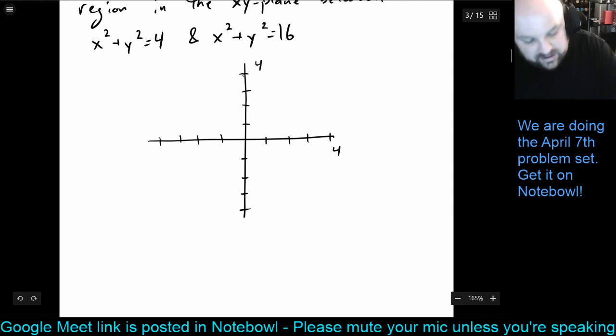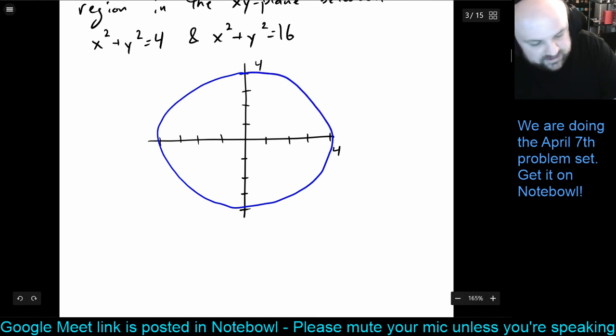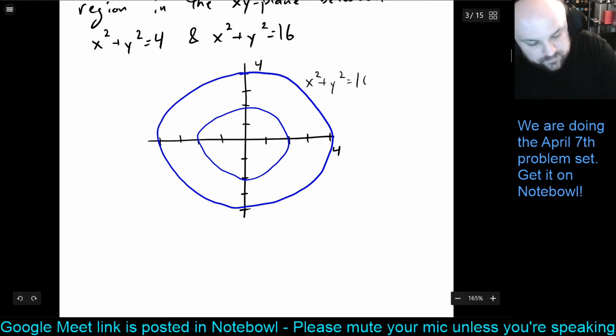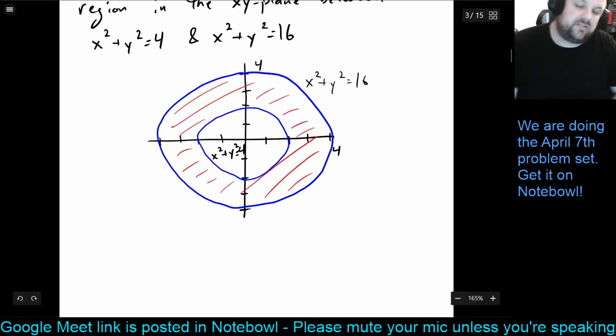So what we're really looking at here is that region. Let's try that again. This is the circle of radius 4. And this inner one is the circle of radius 2. Right? So that region we're interested in is this sort of annulus here.